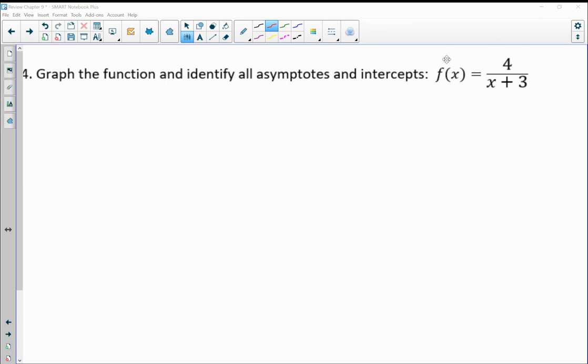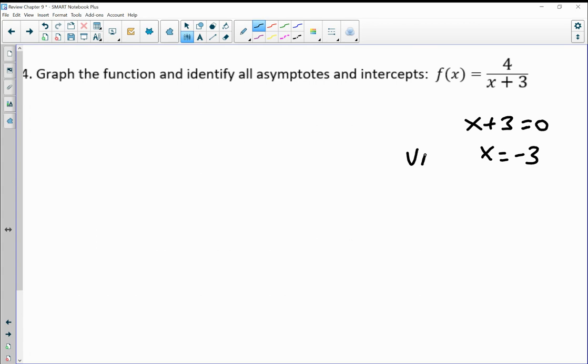Here we're trying to graph f of x equals 4 over x plus 3. One of the easiest things to find first in a rational function is the vertical asymptote. A vertical asymptote occurs when your denominator equals 0, right? So you set the denominator equal to 0, so we know that x is equal to negative 3.